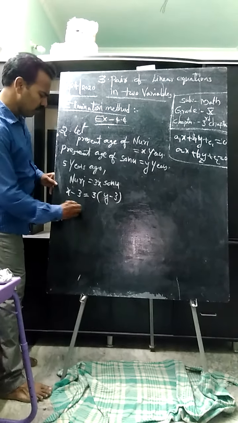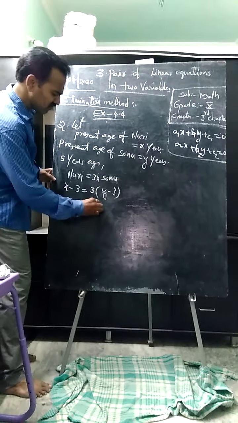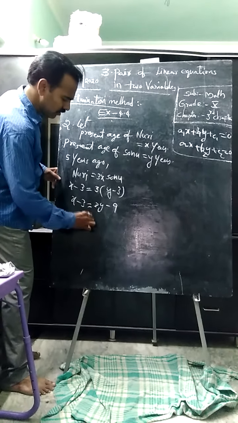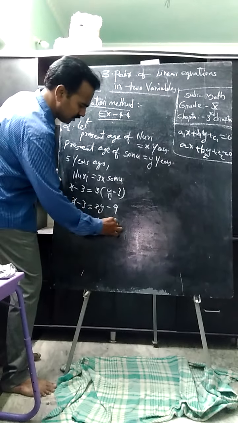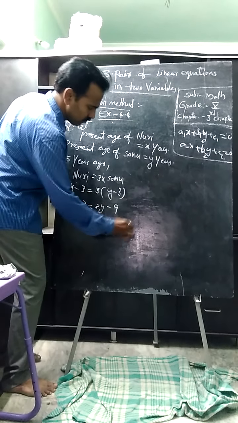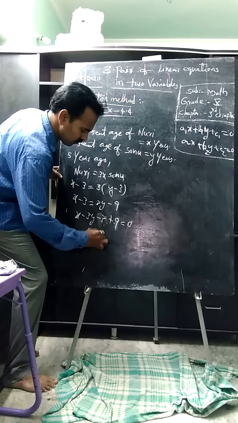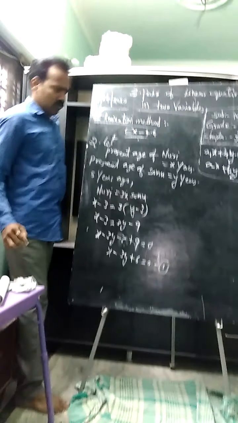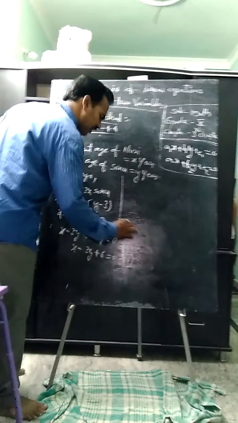You simplify, and you will get one linear equation in two variables. So write all terms on one side, then we get, students, this form. So we got equation 1 from the first condition.